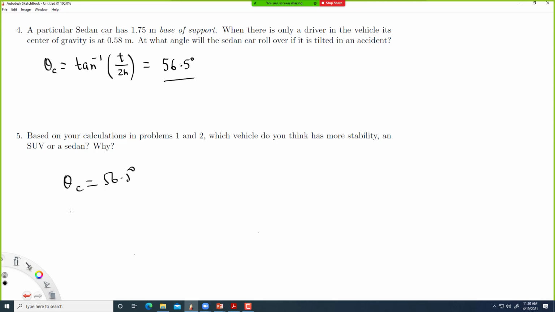For SUV, theta c, what we got? The sedan car. Yeah, exactly. So we see that theta c is greater for sedan than for SUV. That's why it's more stable.